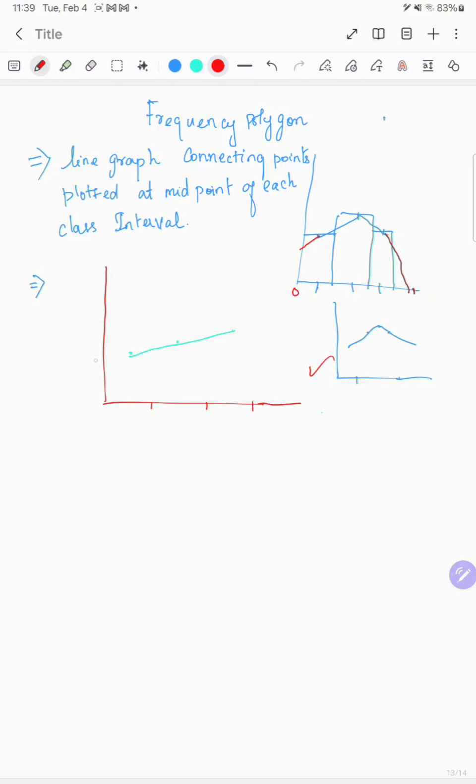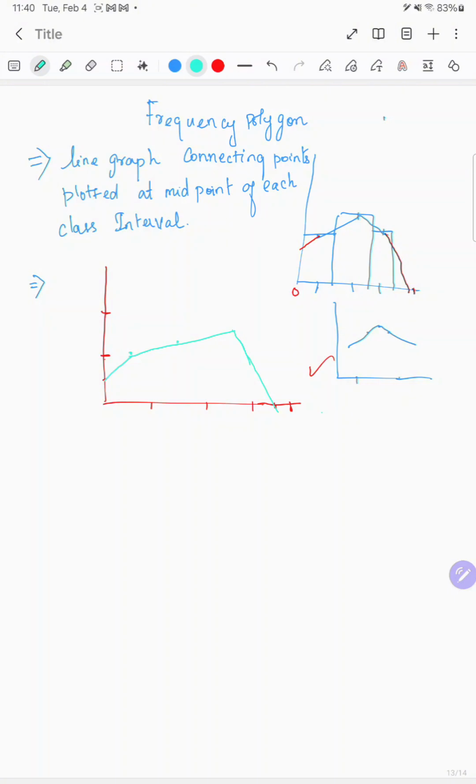So here, this is the class interval for this point, it will mark the center here, and then the line from here joins here, and for this class interval, mark the center point, and this line from the y-axis will flow down here. This is the way it will come.